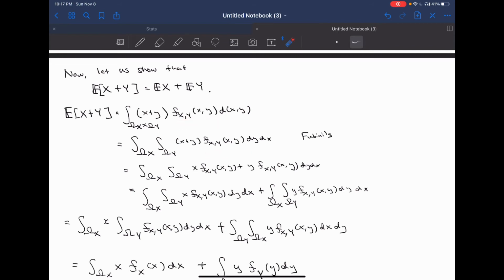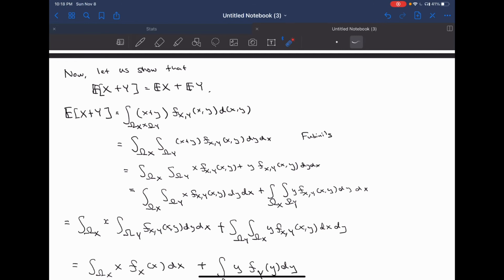So note that we actually can't break this joint density down, so we can't say f of xy is equal to f of x times f of y, because we don't know that they're independent. So linearity of expectation actually holds even if the random variables are not independent. So this is really important.